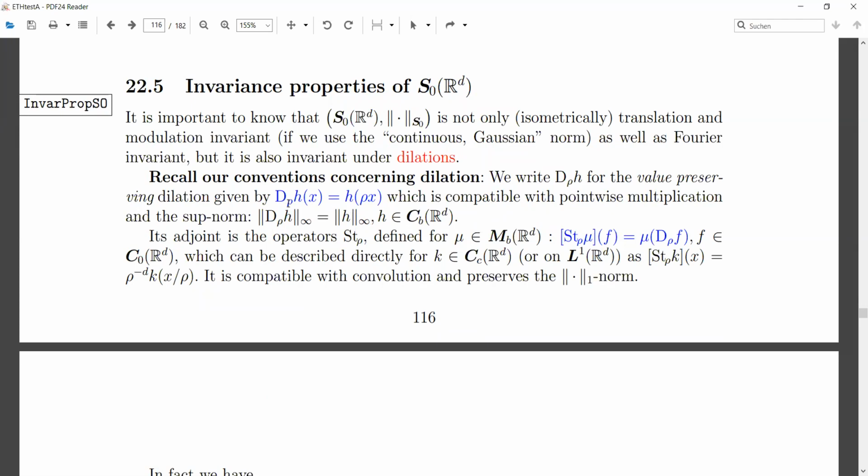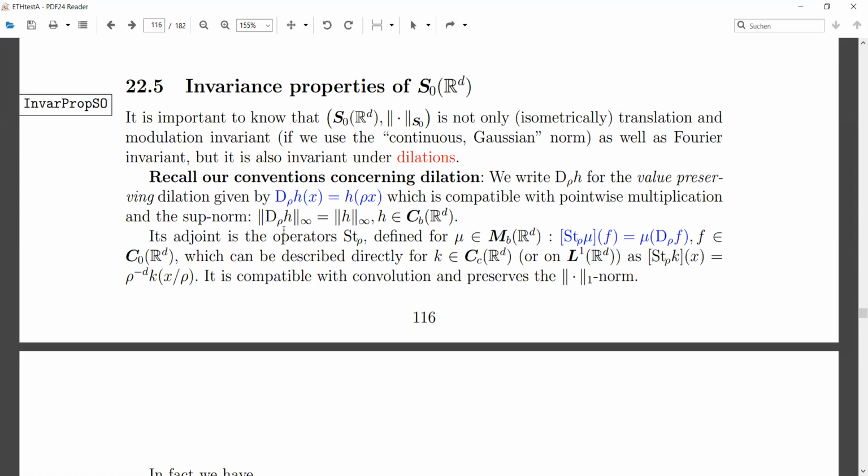Now, the D rho operator is value preserving. So it only changes the position of the function, and therefore it doesn't change the values. So it's like running through the same graph, the same curve, but at different speeds, okay? And it's also, of course, compatible with pointwise multiplication. So it's the right dilation operator on the bounded continuous functions, and of course also on C0.